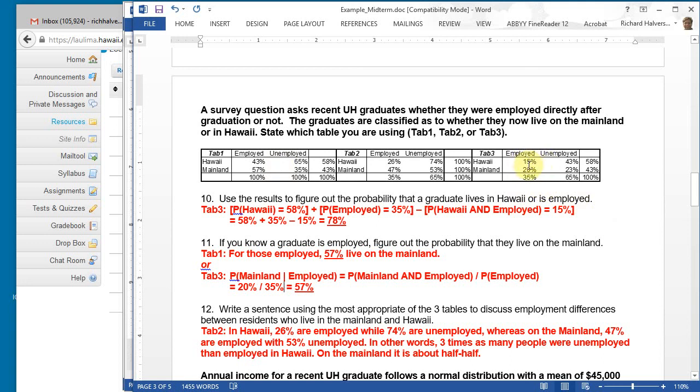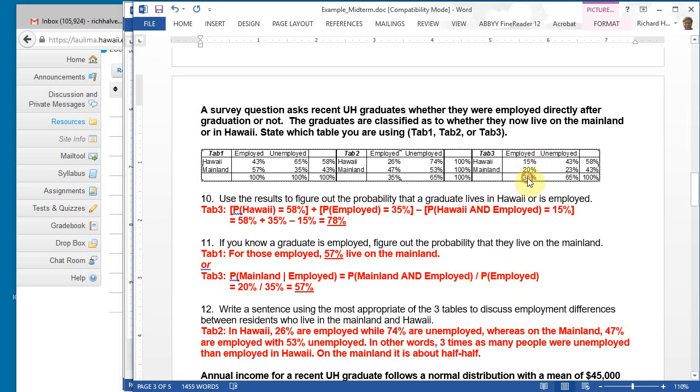So that would be the probability that somebody lives on the mainland and is employed, right here, living on the mainland and employed, and you divide that by the probability that they're employed.